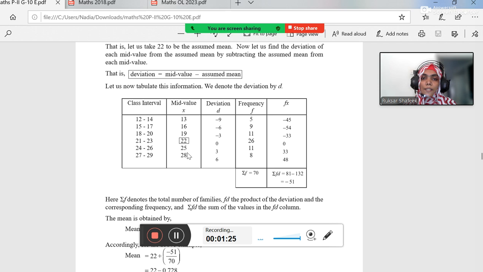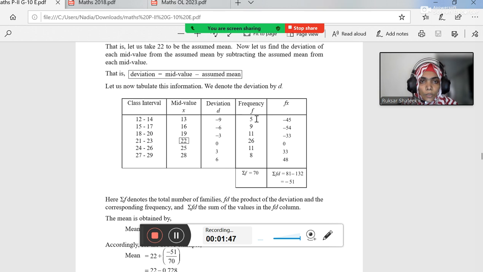But in this case, we're going to take a guess. How do we take that guess? We look at the class intervals. Most of the time, we take the mid value of the modal class. What is this modal class?